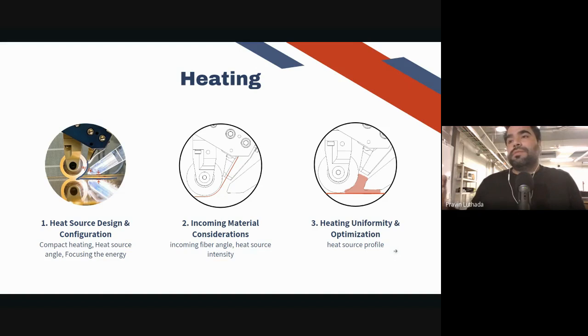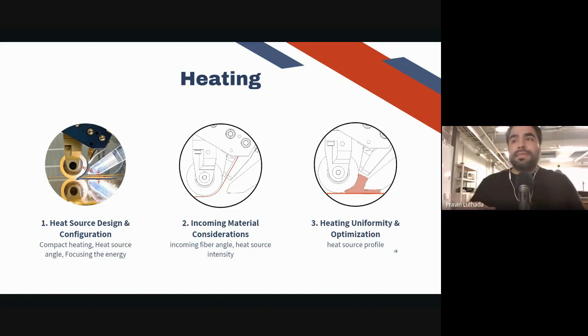In the case of the flash lamp provided by Heraeus, you can have the pulse width, the intensity of each pulse, and the frequency of those pulses. This is the profile that you can optimize with and try to achieve very good heating uniformity for the given material and the substrate. So this is the profile.